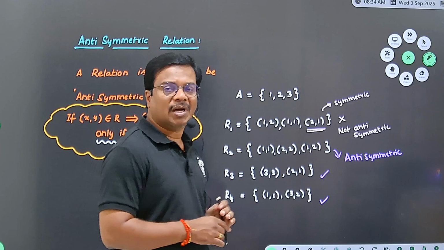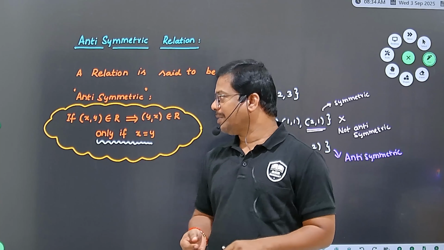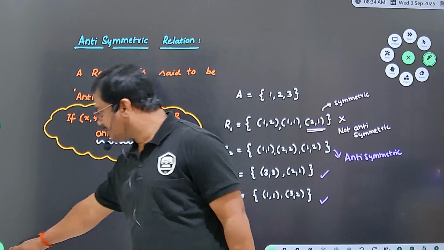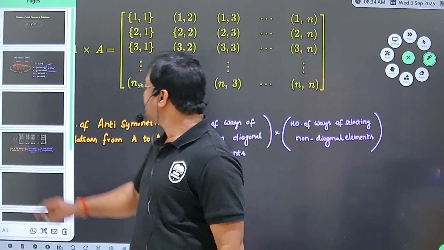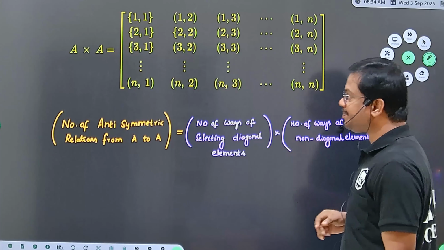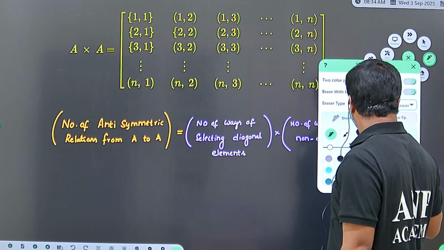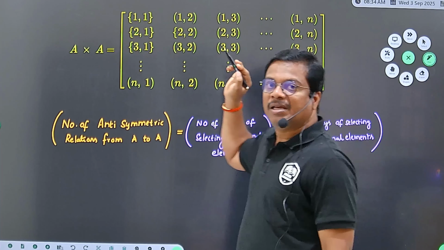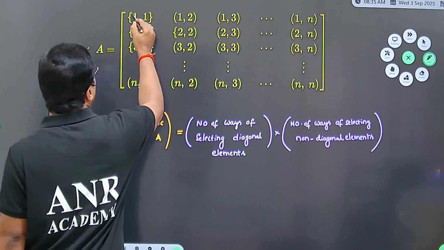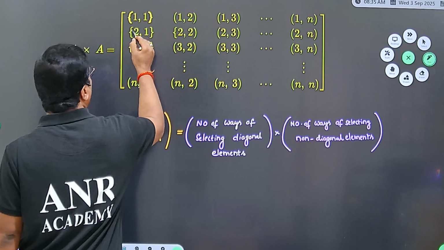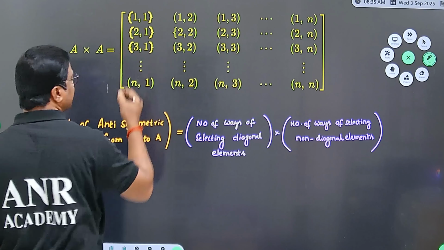Now let us move to how to find the total number of antisymmetric relations from a given set A to itself. See here, we know that every subset of A cross A is called a relation, and A cross A contains the set of all ordered pairs.